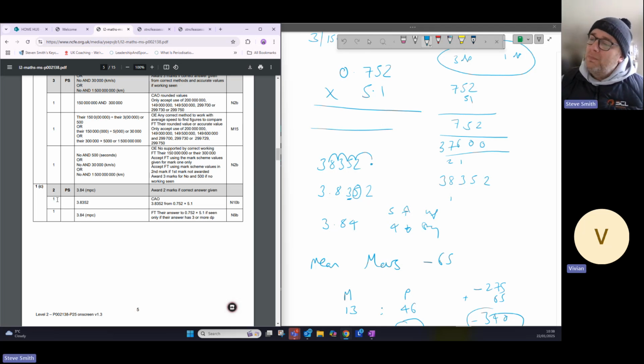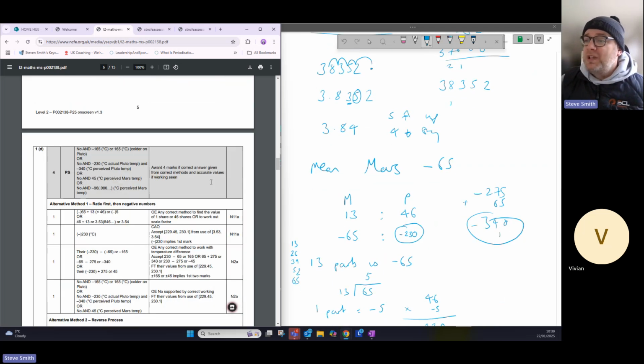They said 2 decimal places, isn't it? You'd have got 1 mark for that, but you'd have missed the second mark because you wouldn't have rounded it to 2 decimal places. So it's important. Changing that 3 to a 4 is the second mark.